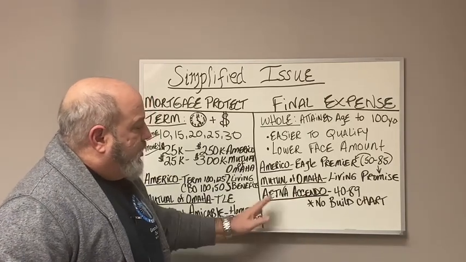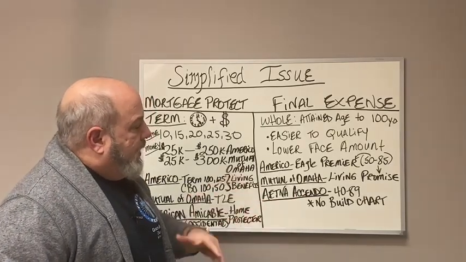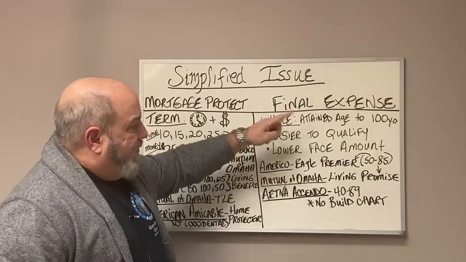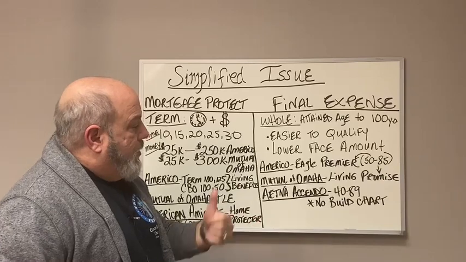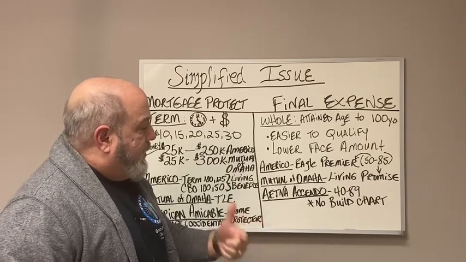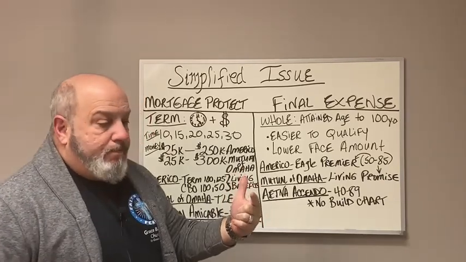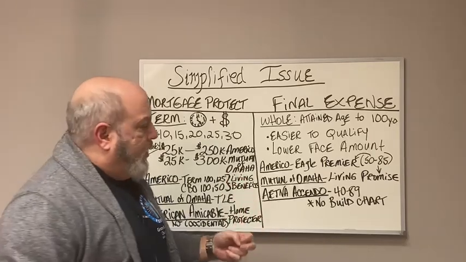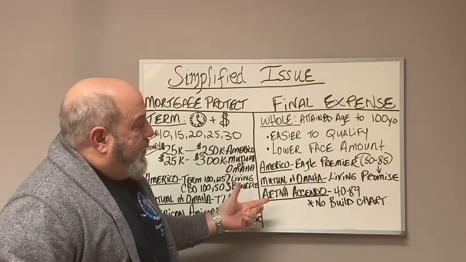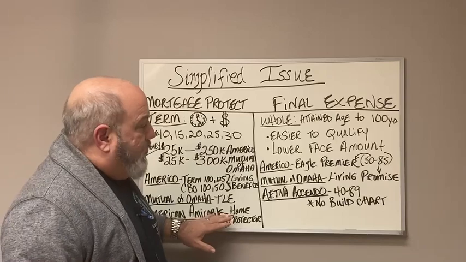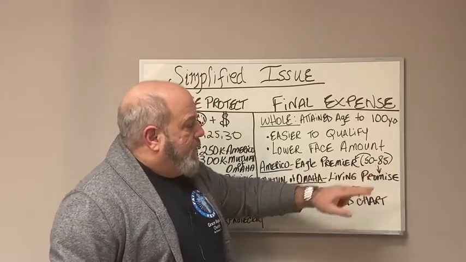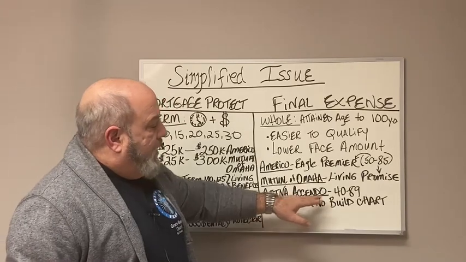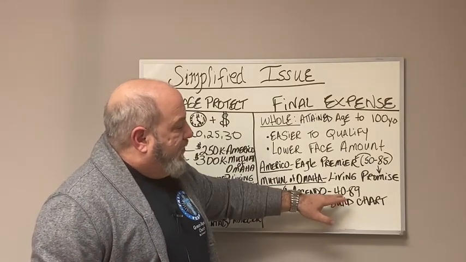This is used for a few reasons. You may sit with somebody looking for final expense coverage who has had cancer, heart attack, stents, maybe some bypass surgery, and they're not going to qualify for any term product, but they're not yet 50 years of age. Aetna Ascendo rates from age 40 to 89.